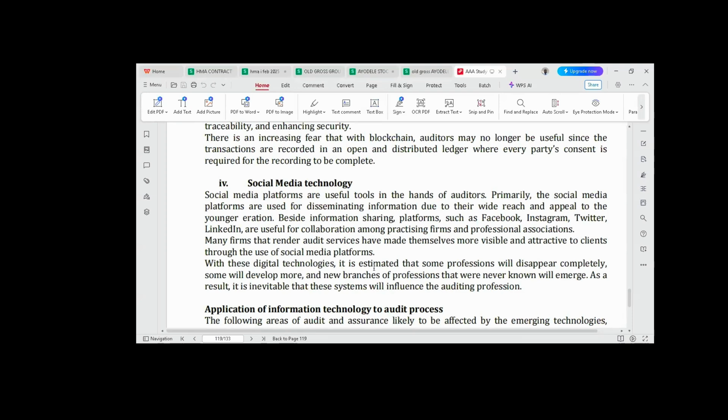Even organizations now have created departments responsible for social media handling or digital marketing, because they know that to remain relevant in the present business world, you must embrace social media technology. And the auditors too are fully aware and they have complied accordingly. Okay?